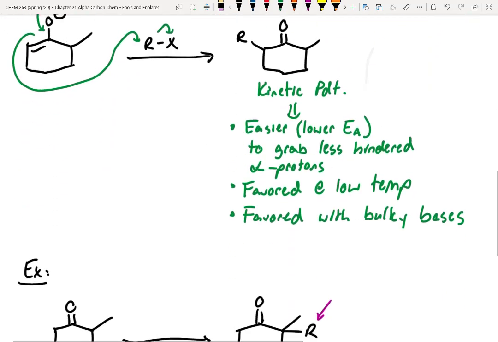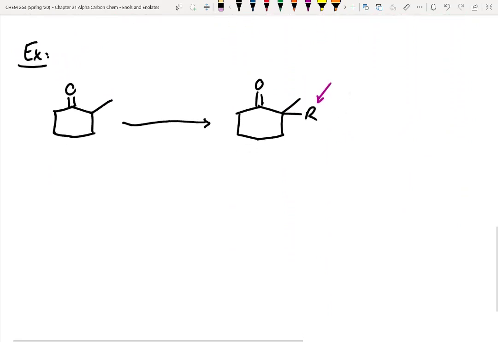All right, so then the question is, what would be an appropriate small base that is also really strong? Because we need to form the enolate, not the enol. In this case, one of the best small bases we can use is sodium hydride. Hydride's very, very small. It does acid-base chemistry, so this would work quite well. And I also said that with thermodynamic products, it works better under high temperatures.